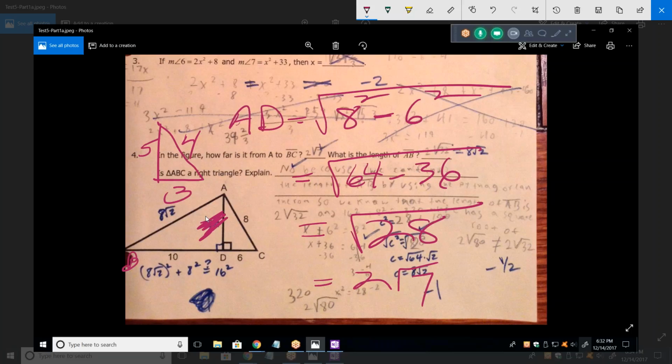Well, in a 3, 4, 5 right triangle, the 5 has to be the hypotenuse, always. It can't be one of the short sides. So this is not a 3, 4, 5 triangle, even though it kind of looks like one. It's not, because the 4 side is the hypotenuse. And you always need the 5 side to be the hypotenuse, or a multiple of 5.